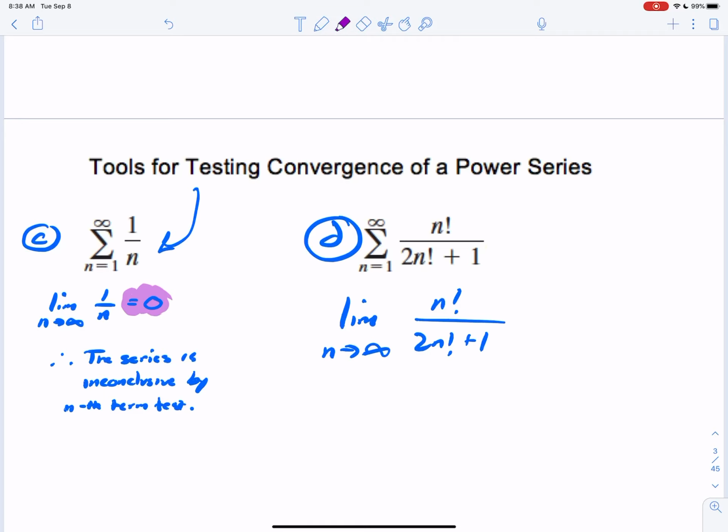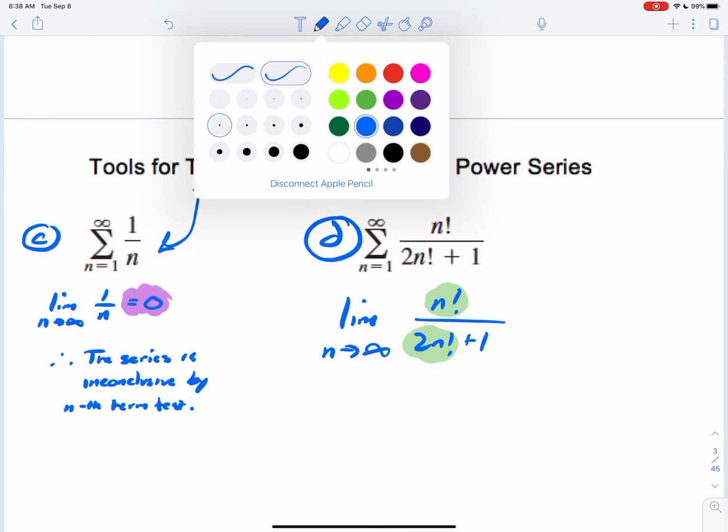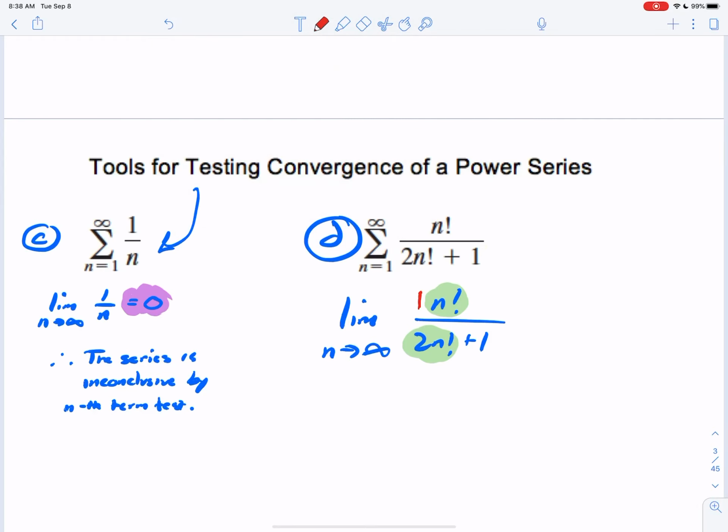So we notice that the numerator is traveling at a factorial speed, and the denominator is also traveling at a factorial speed. So you look at the coefficients. So the coefficients here are really just the 1 and that 2 right here. So the limit here comes out to 1/2.